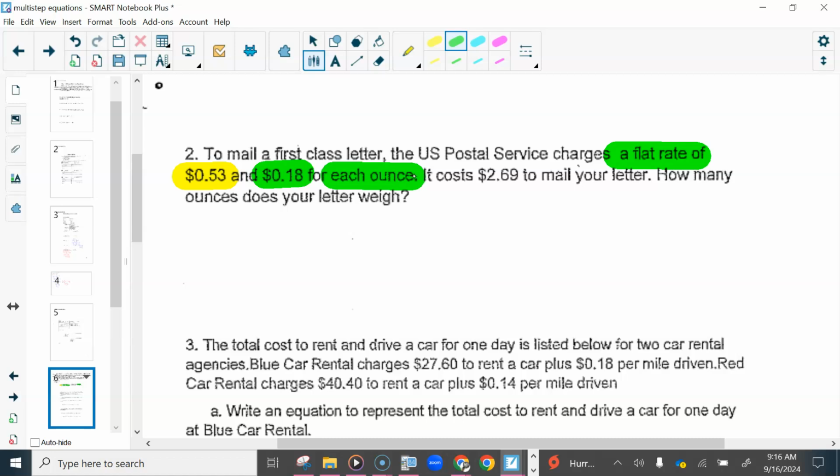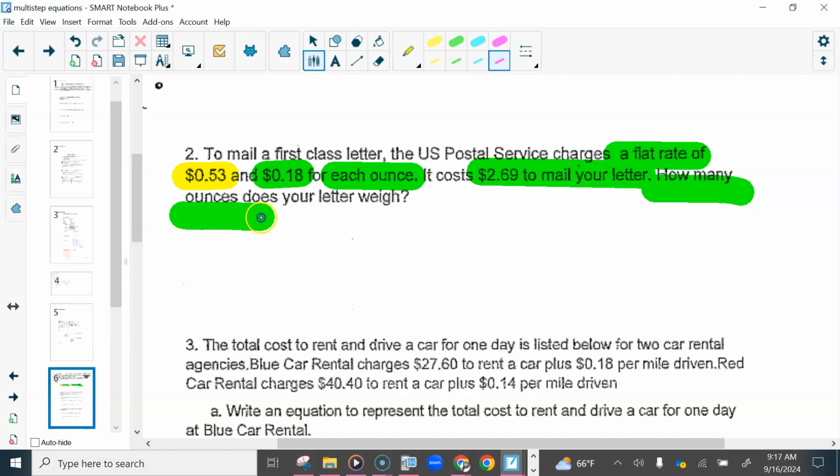Maddie? The cost to mail your letter. Yes. Okay, pretend this again. And then the question is asking us, how many ounces does your letter weigh? Okay. So all of that is important.